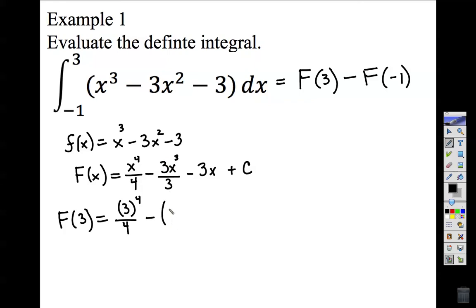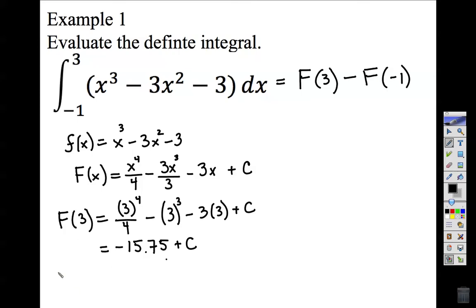So I'm just going to care about 3 raised to the 3rd power, minus 3 times 3, plus the constant. This is where we're going to use the calculator, figure all that out, and that is going to be negative 15.75 plus the constant. This is F of 3.